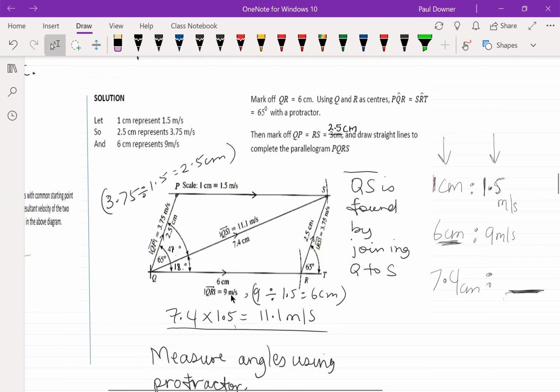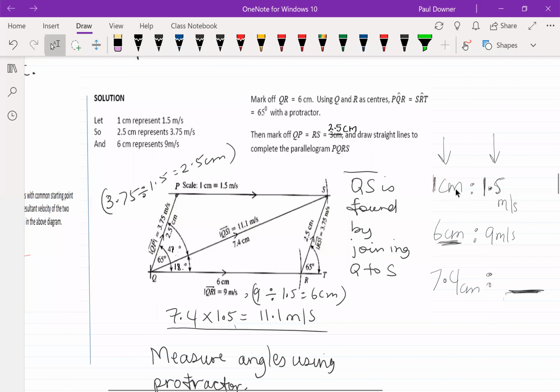Because remember, we started with 9 meters per second here, 3.75 meters per second. They want to know what's the resultant, right? And to get the magnitude of this, or the modulus, we measured it. We got 7.4 centimeters, but what is that in meters per second? Now, if you notice, the relationship between this side and this side, as we said, is a 1.5 factor. So to get from here to here, we have to multiply by 1.5. And if we were going in this direction, we divided.